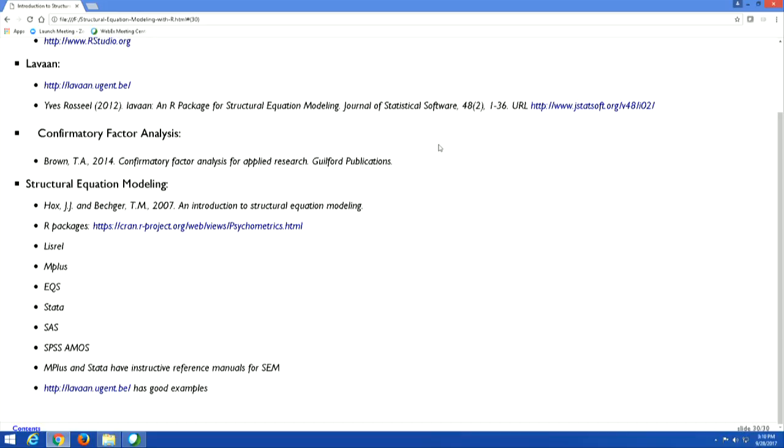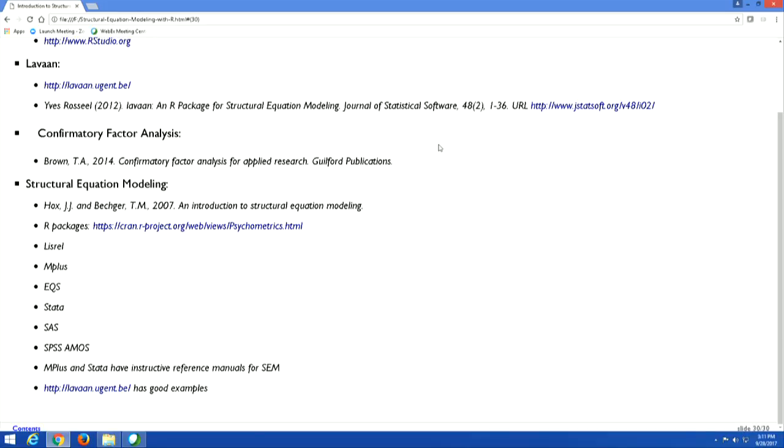It's pretty dense. If you like measurement models, this textbook is very good. It's by a BU professor, confirmatory factor analysis for applied research. And here's a list of resources for structural equation modeling more generally. LISREL, Mplus, EQS, Stata, SAS, and AMOS are all software that you can use, and they all have their strengths and weaknesses.